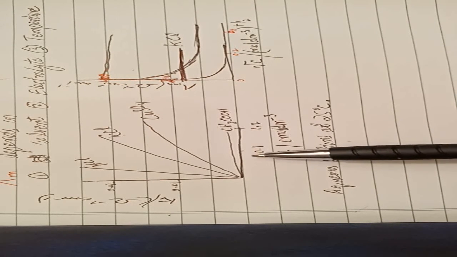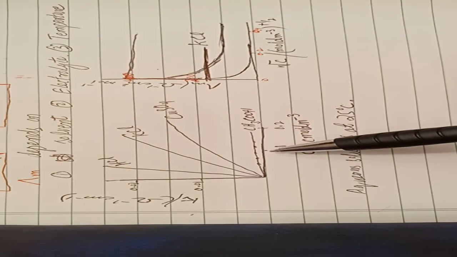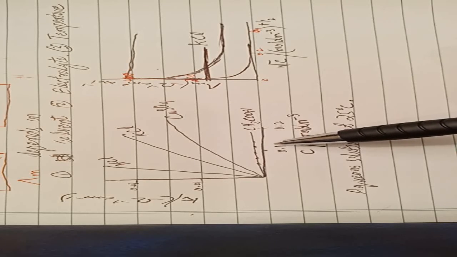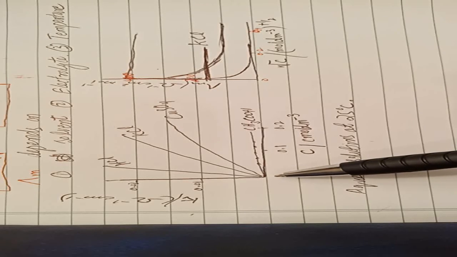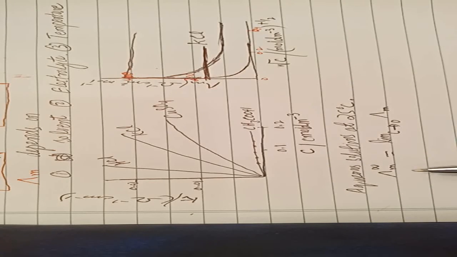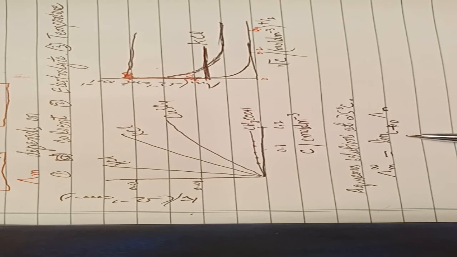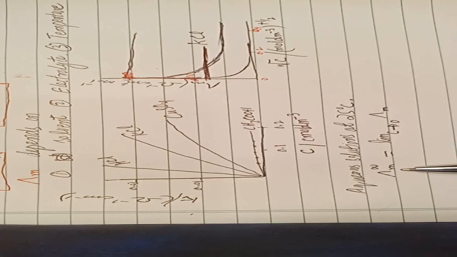These plots are obtained by various measurements of conductivity with the variation of solution concentration, and the conductivity at 0 shows the minimum value at 0 concentration, whereas the molar conductivity at infinite dilution is calculated using extrapolation, where lambda m infinity shows the infinite dilution value.